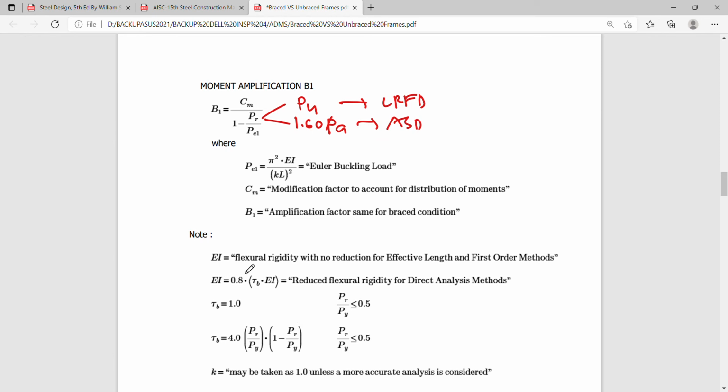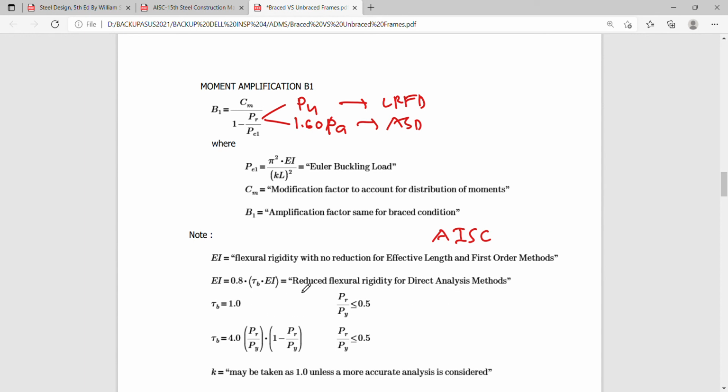So take note that EI is the flexural rigidity with no reduction for the effective length of the first order method. Okay, so this is the one I'm talking about. So we have to refer to whatever AISC recommendation on the methodology issues. And for the direct analysis method, we have to have some reduction on EI.